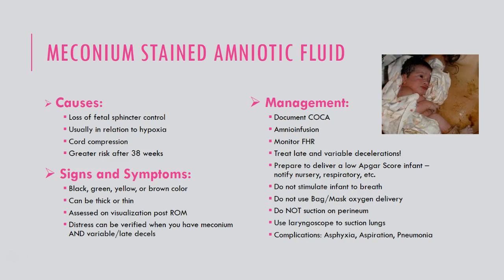And that causes the baby to have a vagal nerve stimulation, which results in peristalsis of the GI tract in the fetus and relaxation of the anal sphincter. So that's the mechanics of what happens. But what we know is that when meconium happens in utero, it's in relation to some type of hypoxic event. Sometimes it can occur because of cord compression.